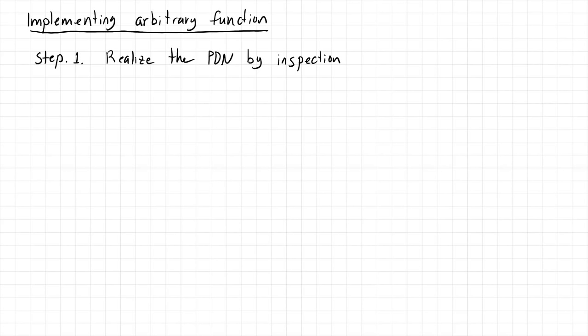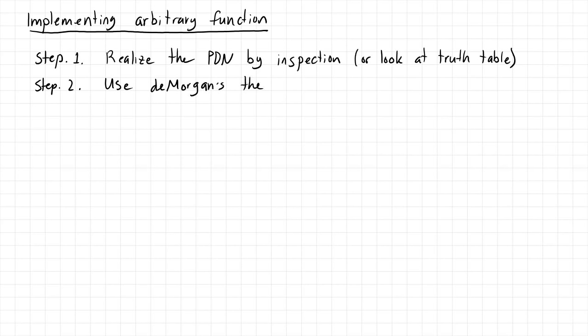If you can't do it by inspection, you can look at the truth table, and this will help guide you to how to actually build this circuit. Okay. Step 2 is use De Morgan's theorem. And yes, I realize that some of you may have learned De Morgan's theorem more than 1 year ago and hoped that you never had to look at it again, but sorry, you'll have to look at it again now.